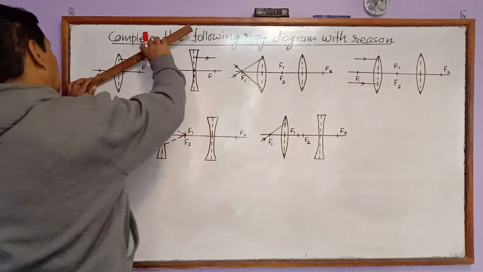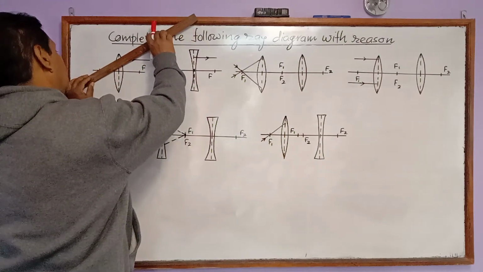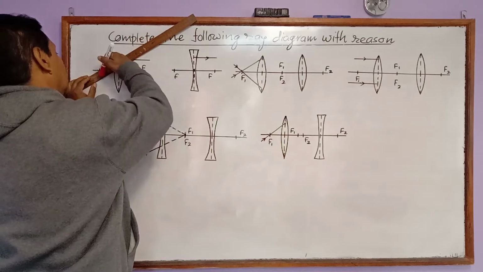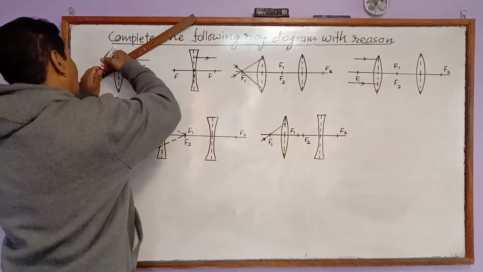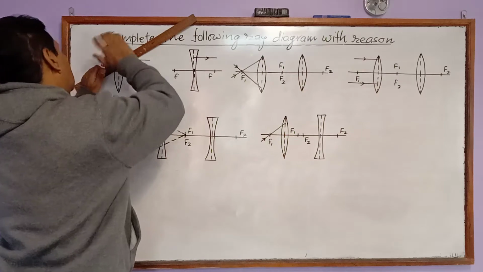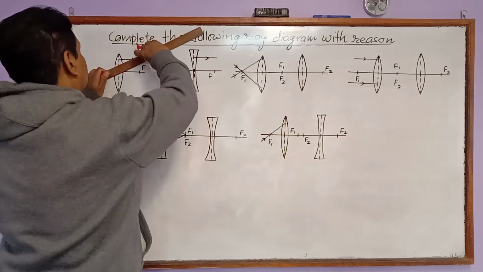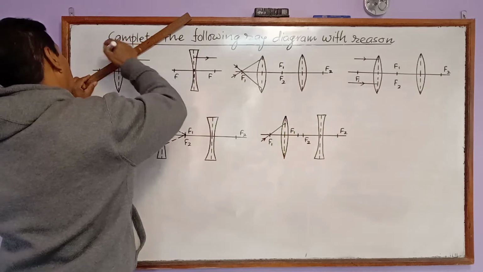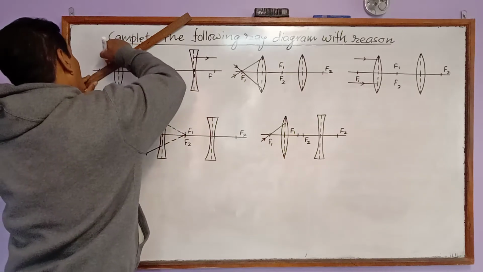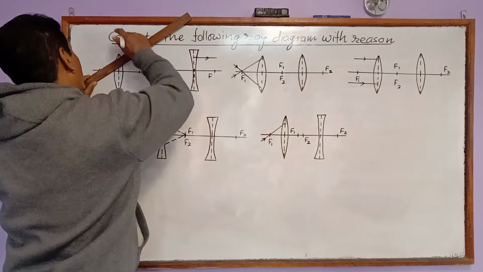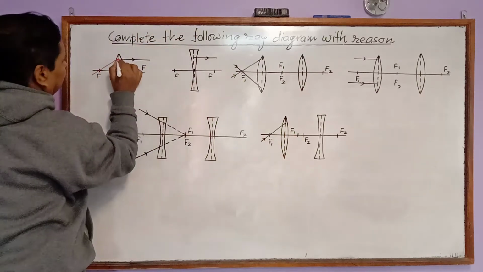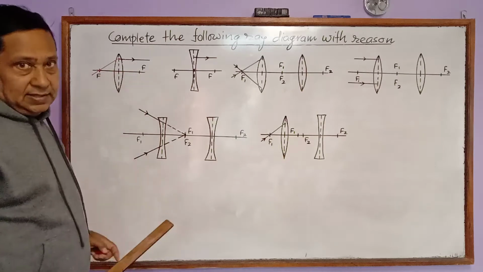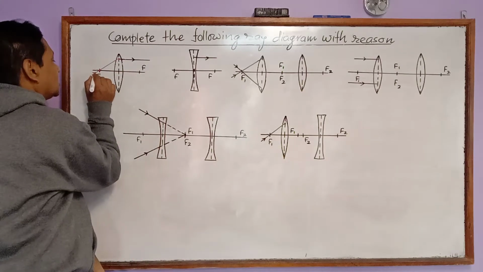If you don't know, remember the matter I told you in the previous class also. When a ray of light comes from the focus and falls on the convex lens, then it refracts being parallel to the principal axis, and this is the solution.